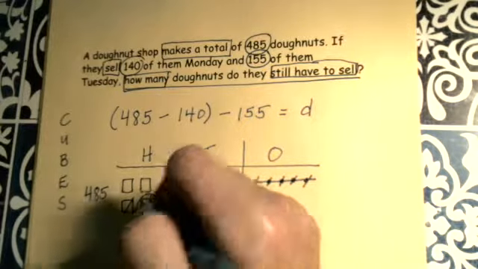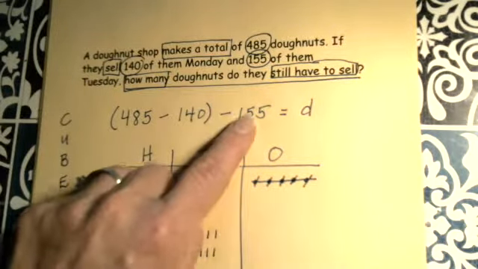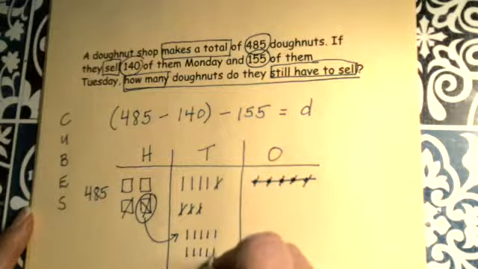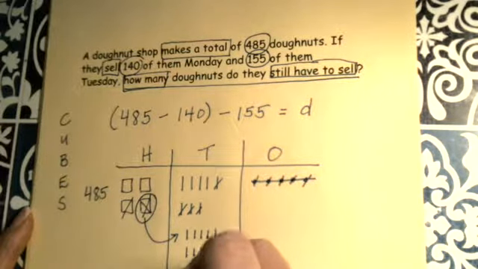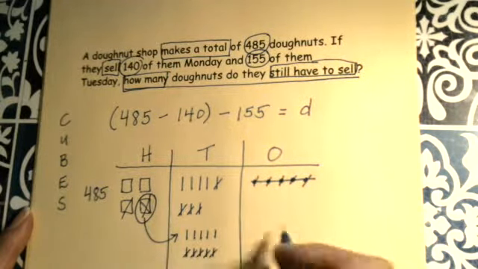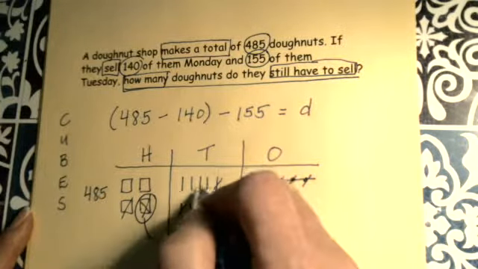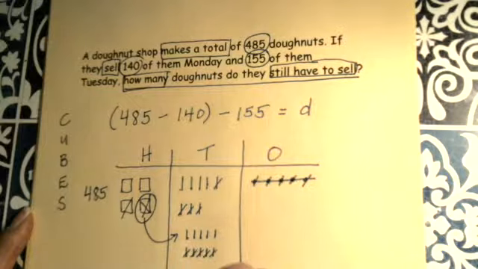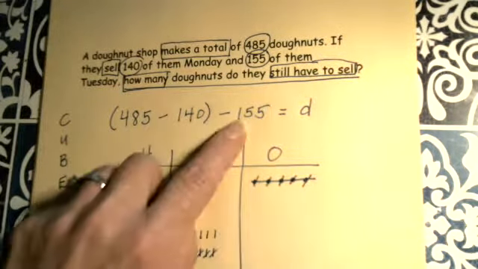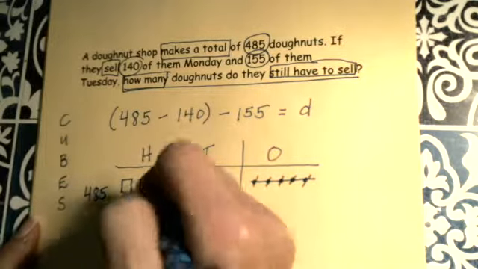So it's gone from here. I'll put an X here. Now I'm going to take away the 5 tens. 1, 2, 3, 4, 5. So I have left 1, 2, 3, 4, 5, 6, 7, 8, 9. I have nothing in the ones, and I have to take away 100.